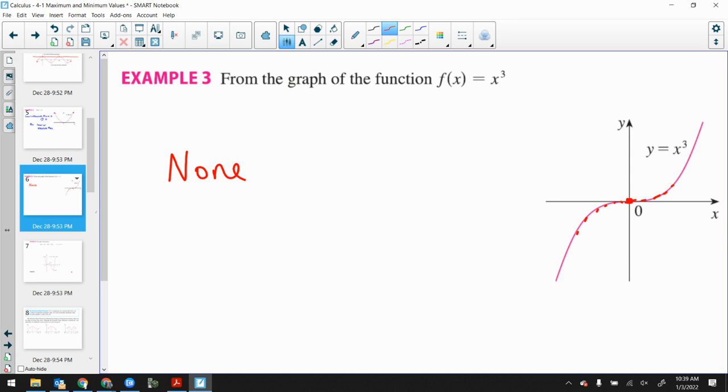No. So near 0, the y value is not the biggest, so it's not a local maximum. Minimum's the same way, except it's not the smallest point around that value. So therefore, it's not a local maximum, not a local minimum, and definitely not an absolute maximum or minimum, because it's going to go on forever left and right. So we would say there are no maximum or minimum values.